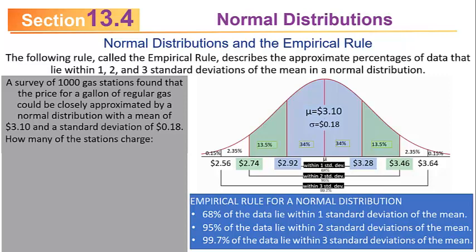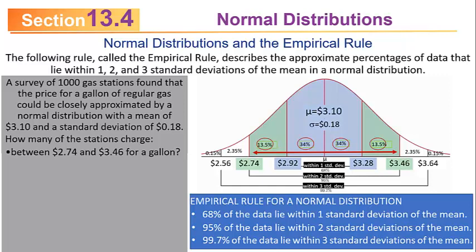Let's answer some questions. How many of the stations charge between $2.74 and $3.46 for a gallon? If you're going to use the empirical rule to answer this question, you've got to look at what we just did and analyze it. If you look at 274 and 346 and look at all the percentages between those two numbers, you get 13.5 twice and you get 34 twice.